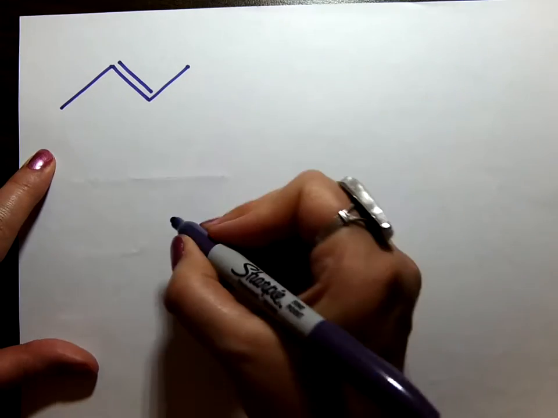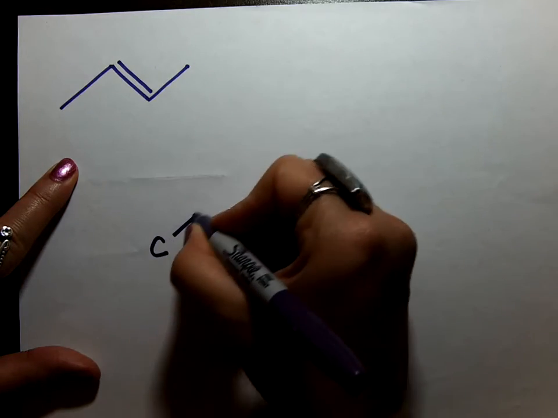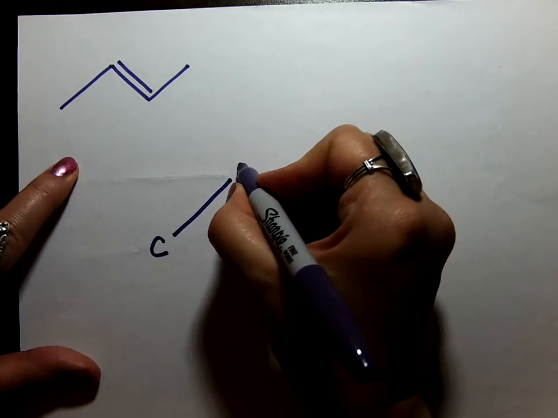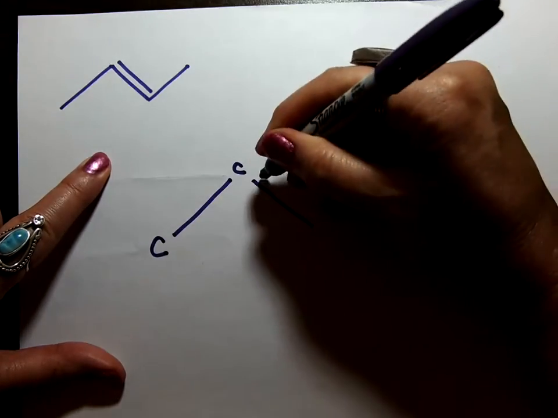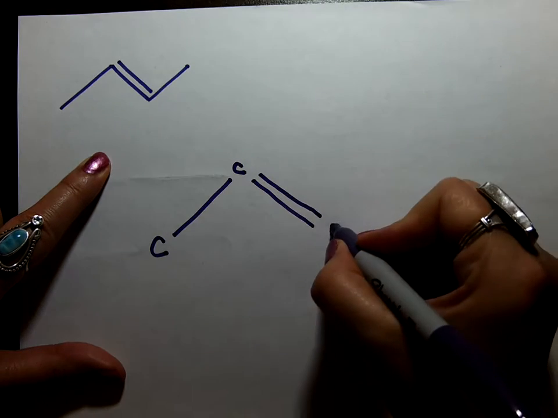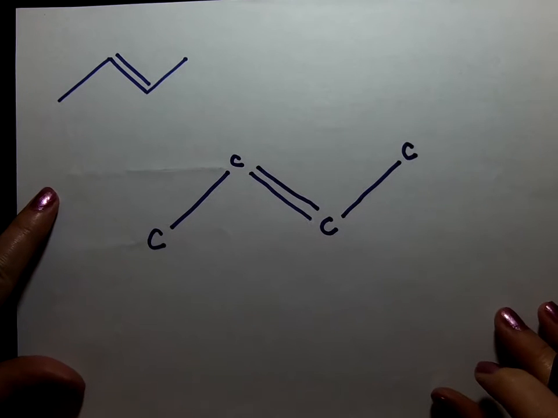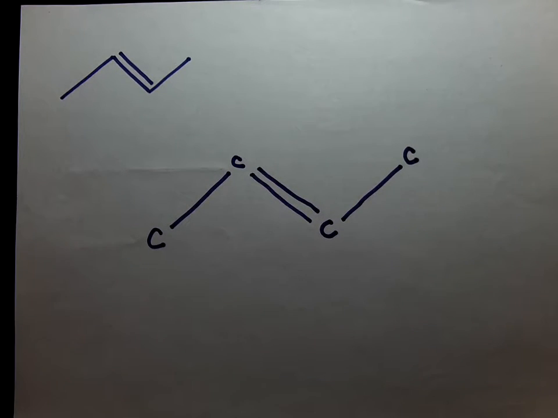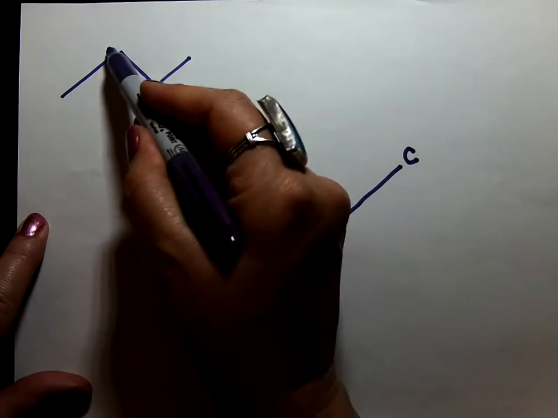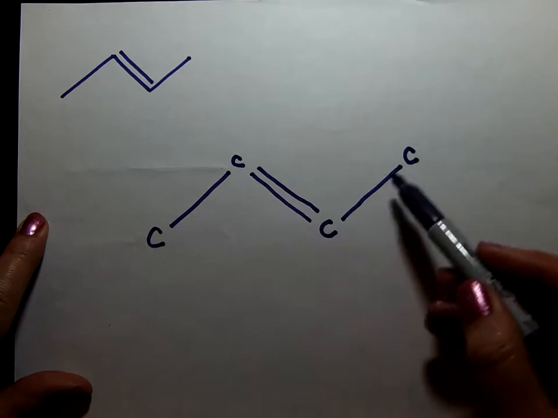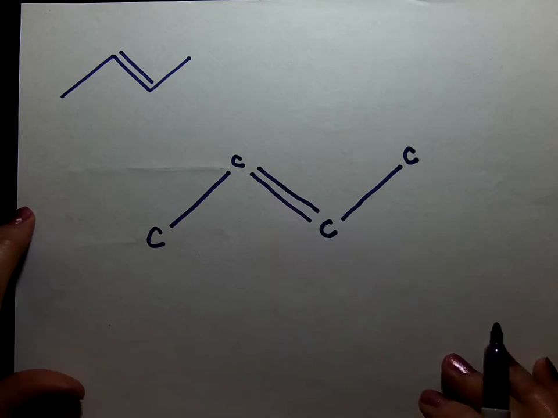So let's draw that. Carbon with a line, carbon with two lines, carbon with a single line, and a carbon. So there's our carbon atoms. There are 4 of them. Again, 1, 2, 3, 4, with a double bond in the middle.